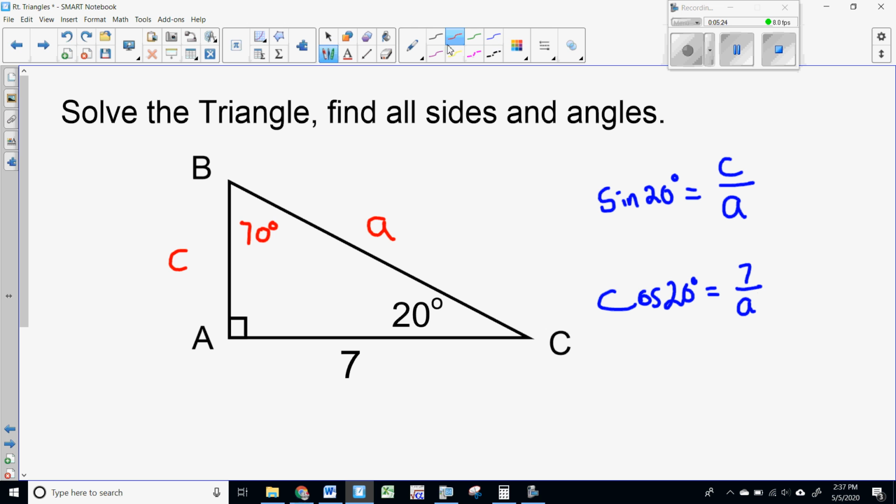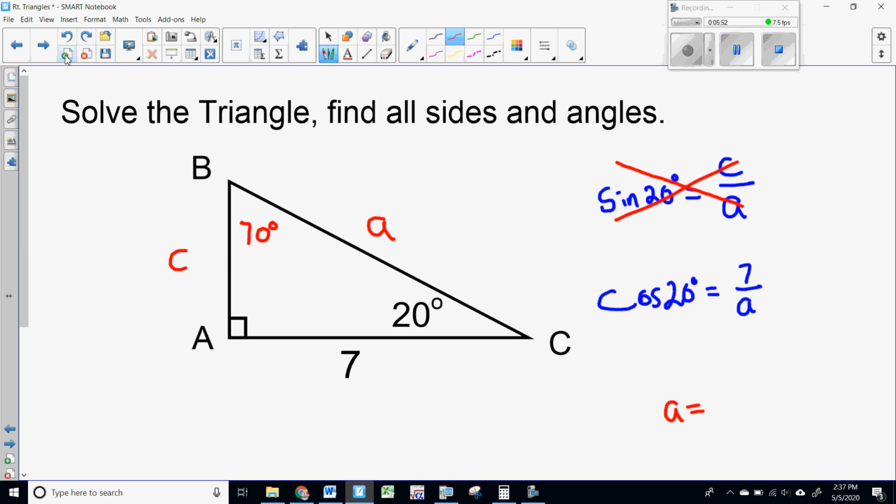If you look at these two, one of these we can solve and one of these we can't. The sine of 20 we can't solve because we don't know c and we don't know a. If you ever do a trig function and there are two variables you don't know, we can't solve that. But if I have one variable to solve for, I can solve that. So I want to solve this for a.